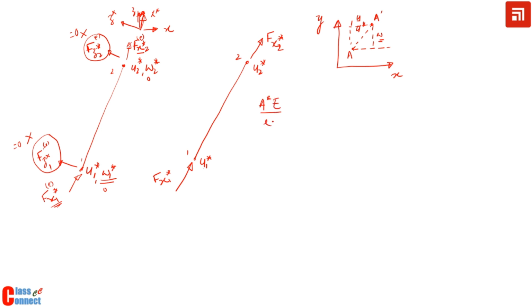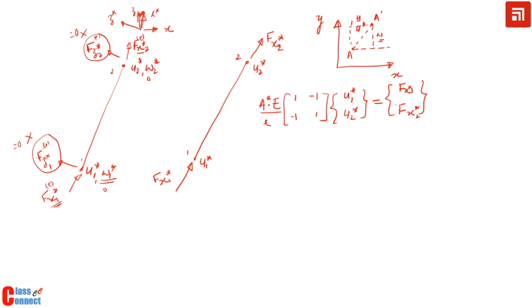I am writing this element equation for the truss element in the local coordinate system: AE by L times the matrix 1, minus 1, minus 1, 1, multiplied by u1 star and u2 star, equal to fx1 star and fx2 star. I am skipping the element superscript here.